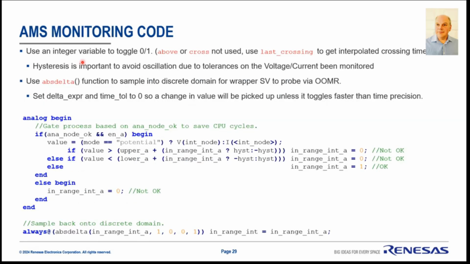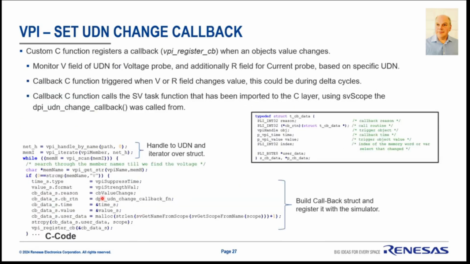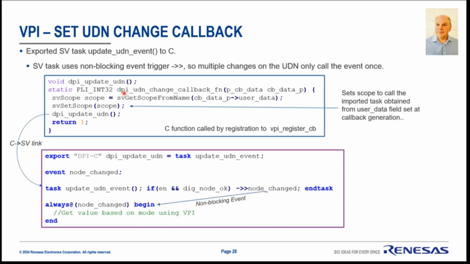The callback, let's see if I've got it. The callback routine here does a very basic thing of getting the scope from the data that was part of this callback routine. It sets the scope. It then calls a templated function called DPI update UDN.